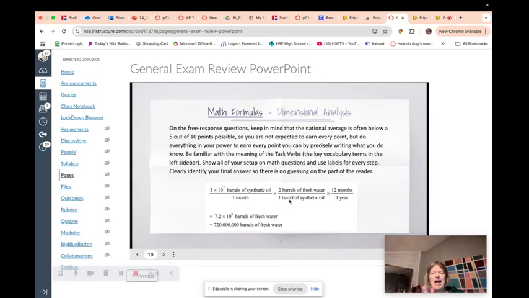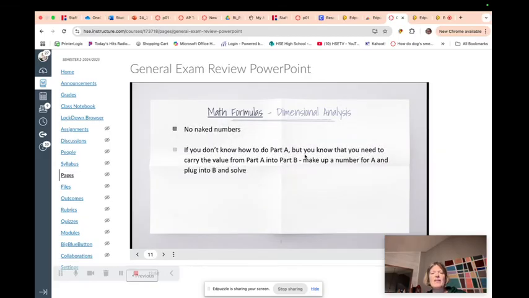So I guess I want to back step a little bit when I said that you don't need units throughout your setup. You kind of do need to show them with dimensional analysis. So here's an example of that here. Okay, with dimensional analysis, don't have naked numbers like I just said, because you're going to show the process of how you got from A to B to C, okay?